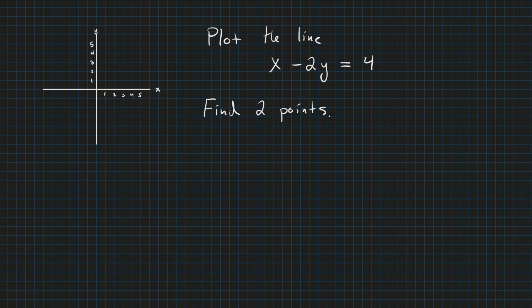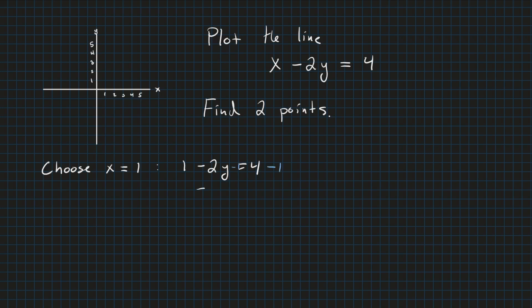So I'm going to choose a value for x. I'm going to choose x is equal to, say, 1. Choosing this, we can plug it into our equation here, and then we get 1 minus 2y is equal to 4. Now I'm going to try to find the associated y value. Using what we talked about before, I'm going to subtract 1 from both sides.